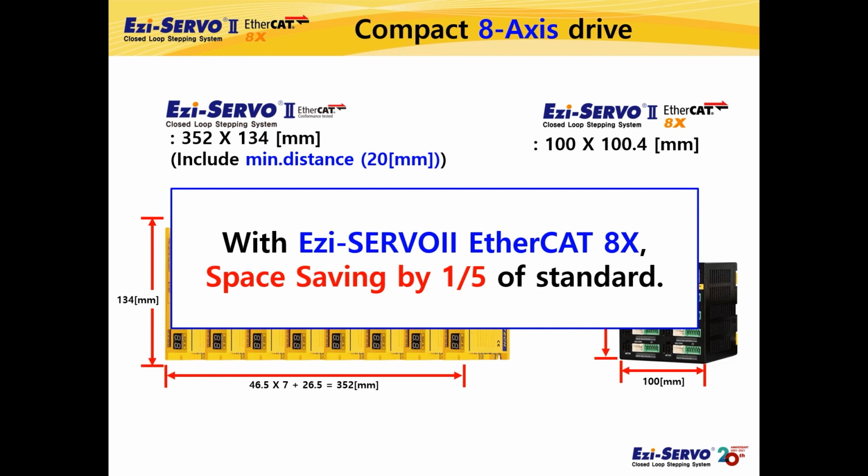And the power cables are also reduced from 8 cables to a control power cable and a motor power cable, which means less and simpler wiring and cost reduction. For example, if you apply the 8-axis drive to a cantilever robot or an articulated robot, you can greatly reduce space, wiring, and cost. I have introduced Ezi-SERVO II EtherCAT 8X until now.